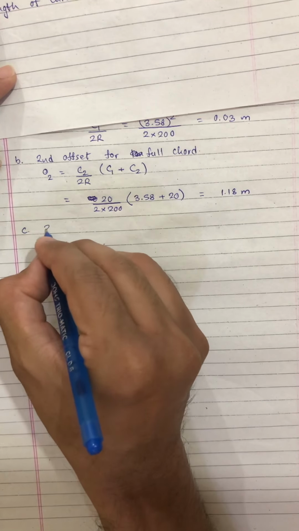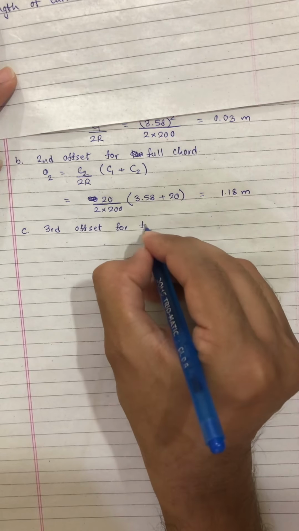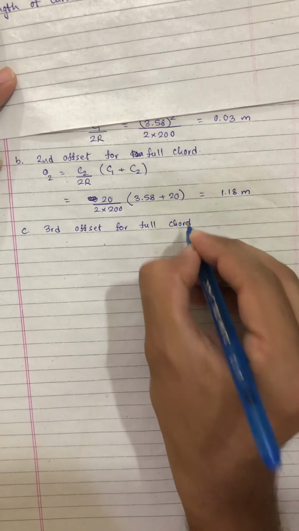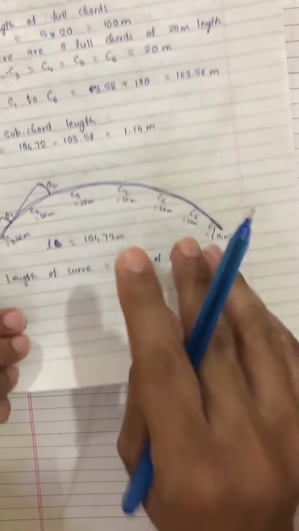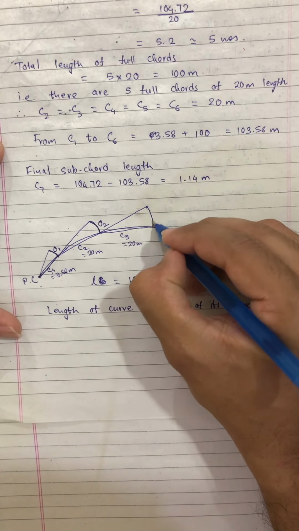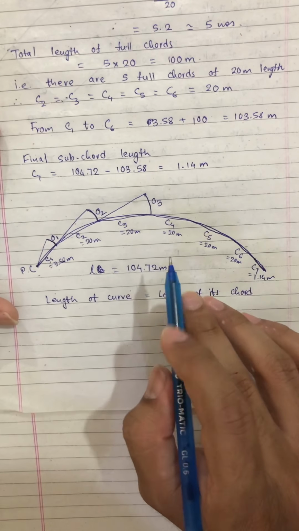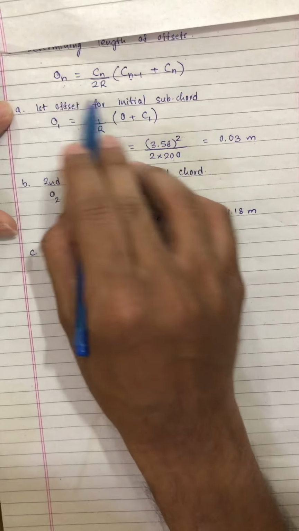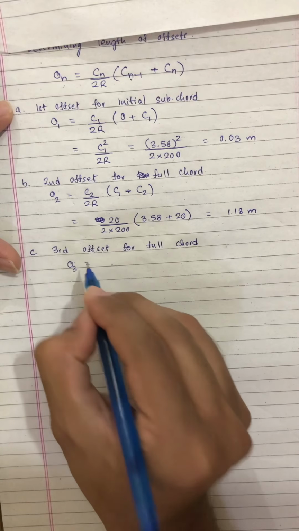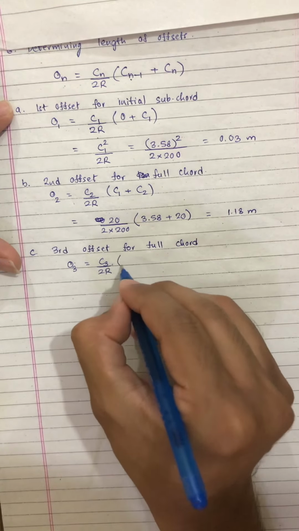Similarly, we need to calculate the third offset for the full chord. This is the third offset O3. To calculate O3, we need to know C2 and C3. According to the formula, O3 will be equal to C3 upon 2R into C2 plus C3.